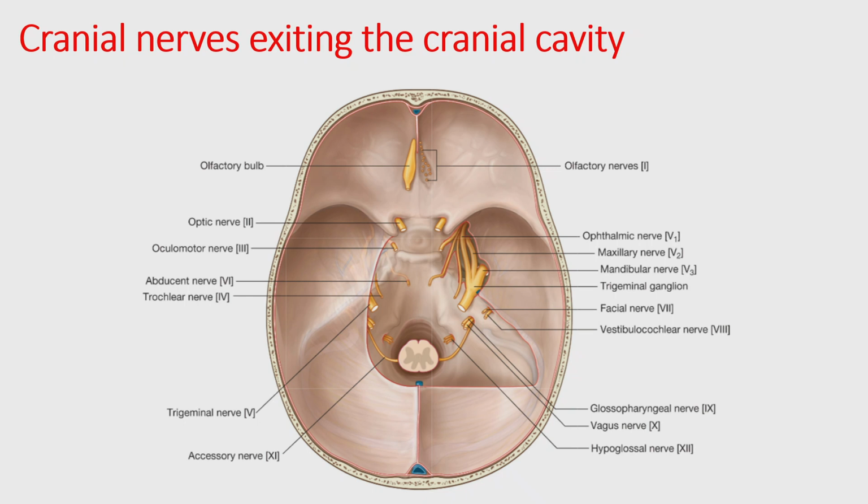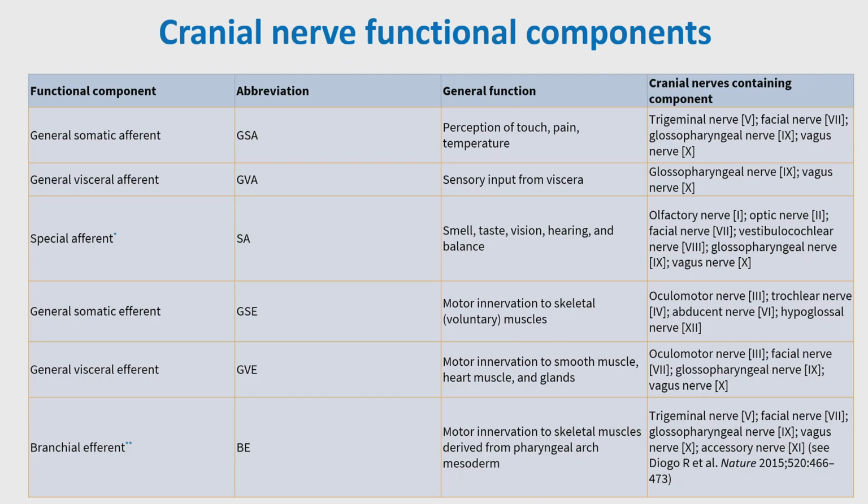And this is the structure that we already mentioned, that you have to know for all these cranial nerves where each one passes through. This table, as I mentioned, is not that easy. We classified them into sensory and motor, or afferent and efferent fibers. Each of them is subclassified or subdivided into different parts.